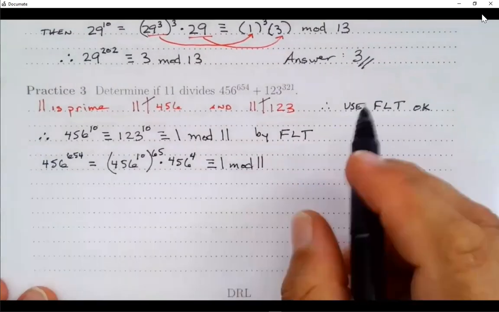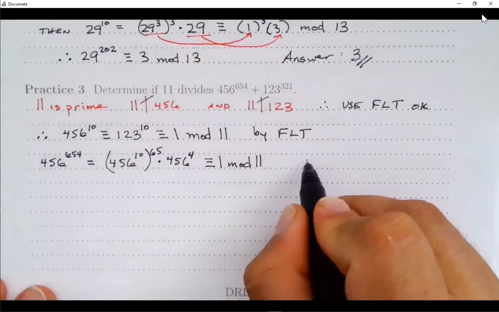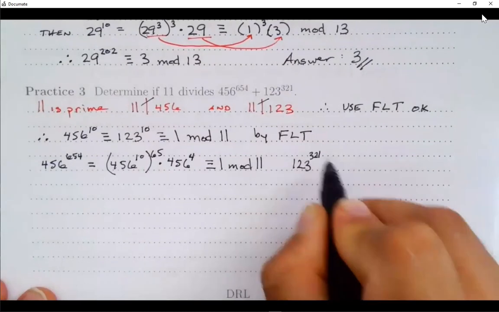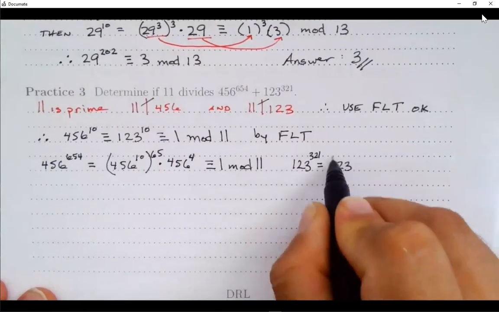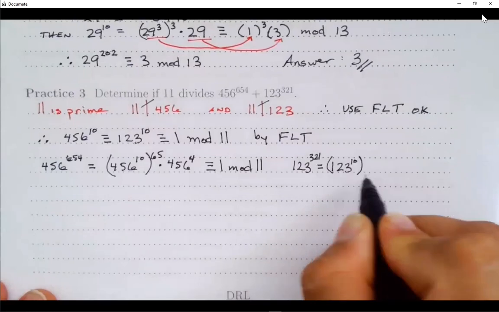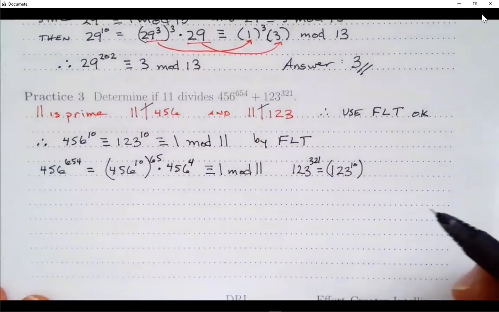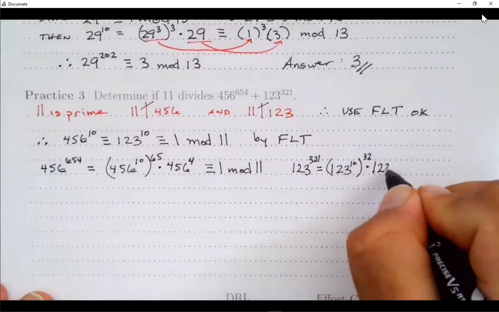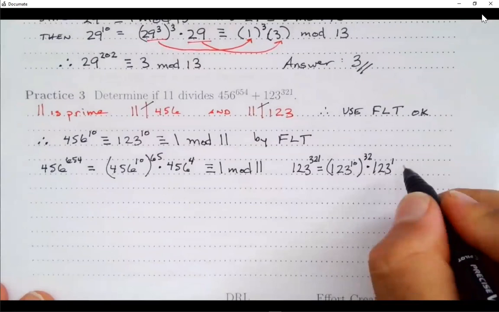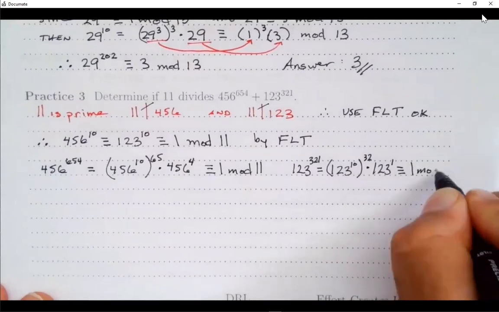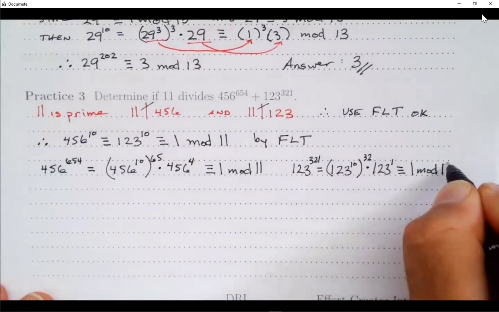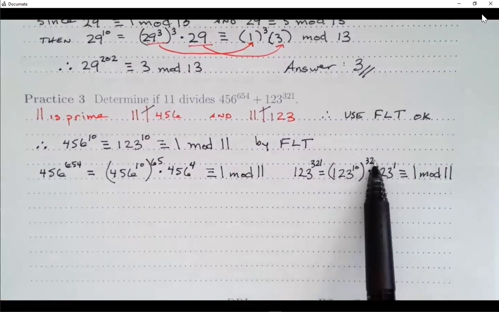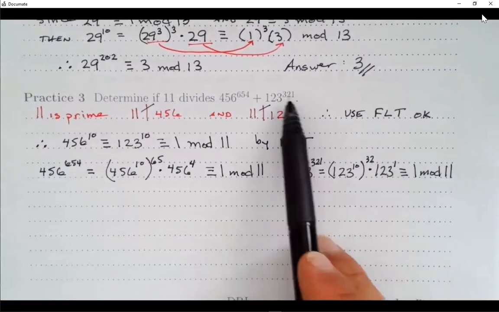And I also know that 123 raised to the 321st power is going to be equal to 123 to the 10th power raised to the 32nd power times 123 to the first power. And that's going to be also equivalent to 1 modulo 11, right? And that's because 10 times 32 plus 1 is equal to that 321.